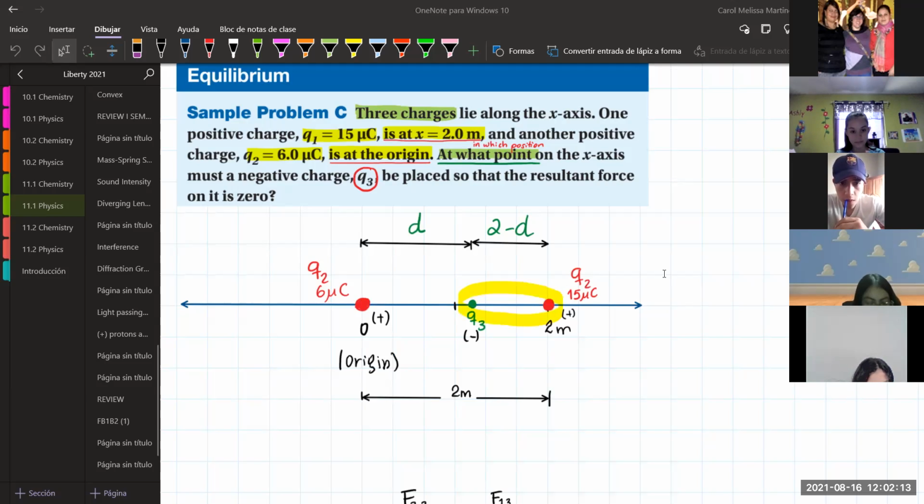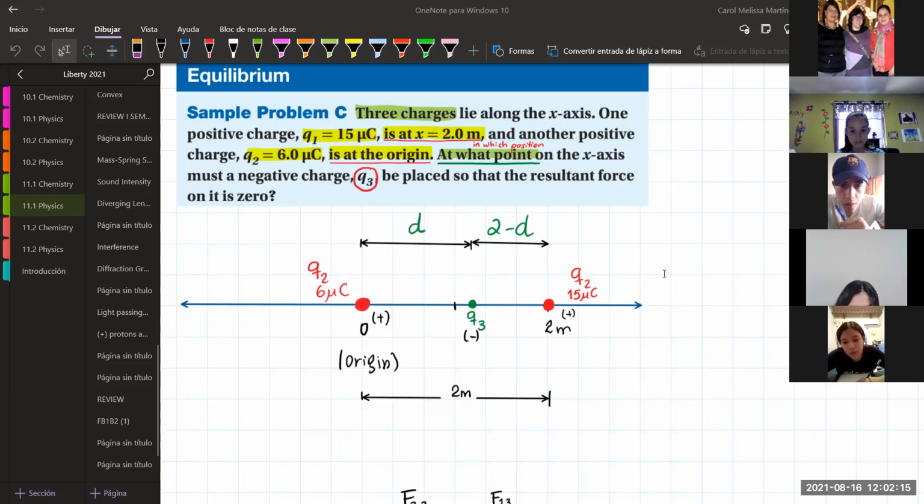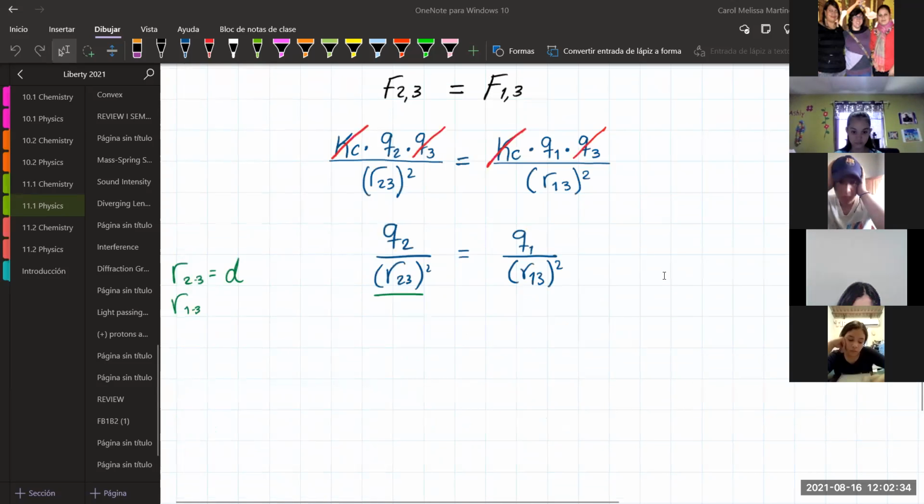How much does it measure? 2 minus D. I take this distance from here to here, and this portion measures 2 minus D. So the distance between 1 and 3 is 2 minus D. Don't get lost in this part.